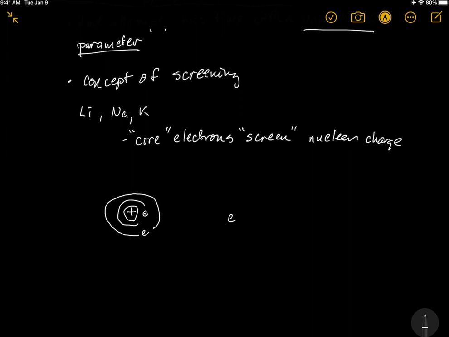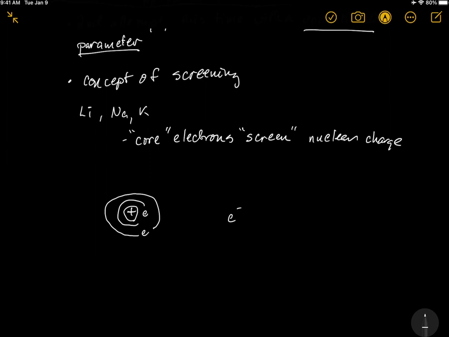And then we have an electron that's out here, and if we anthropomorphize this outer electron a little bit, when it looks at this bunch of particles here, it sees an effective charge that's reduced, because the core electrons and the nucleus are close together, and so they have potentials of opposite sign that partially cancel each other.